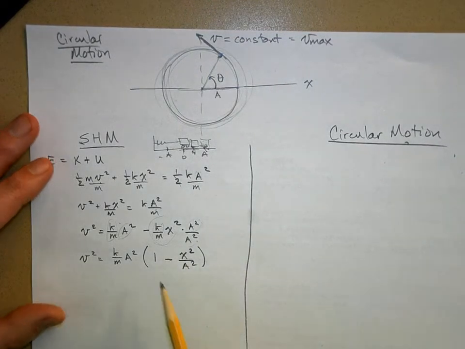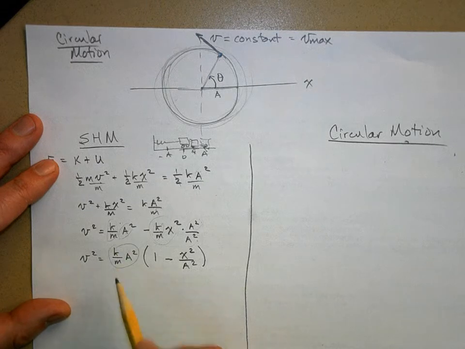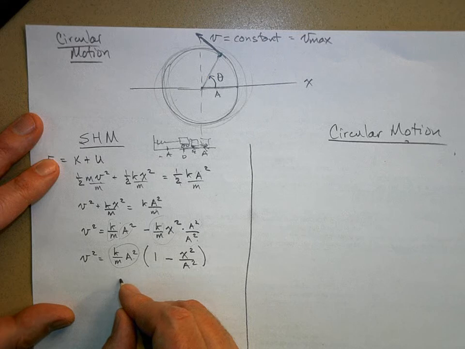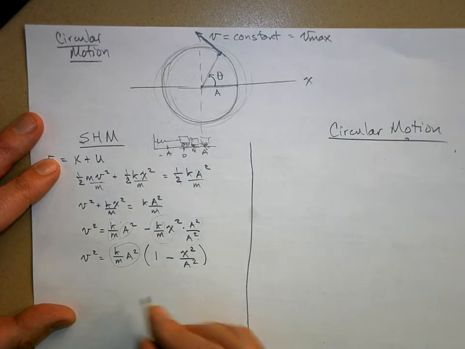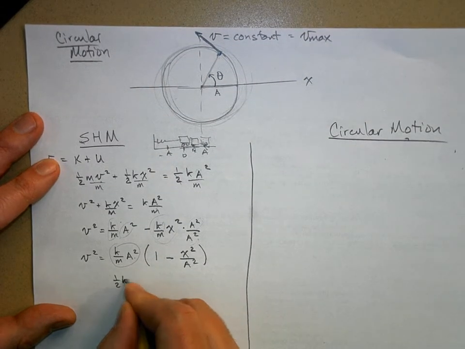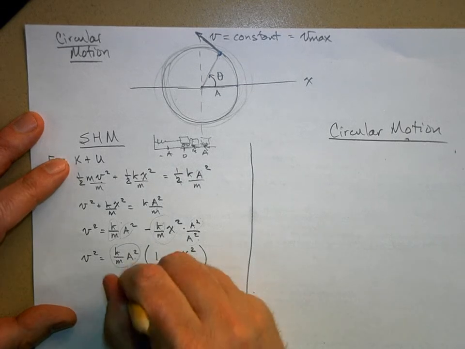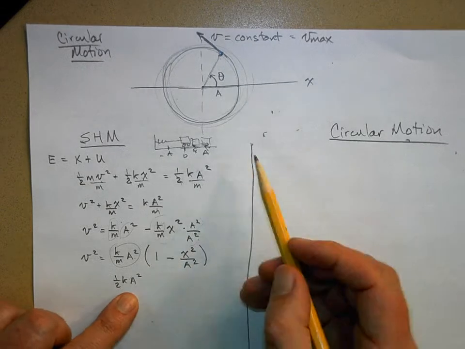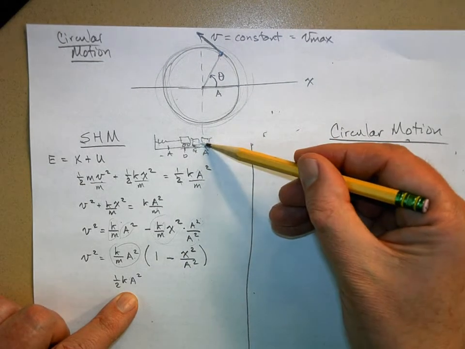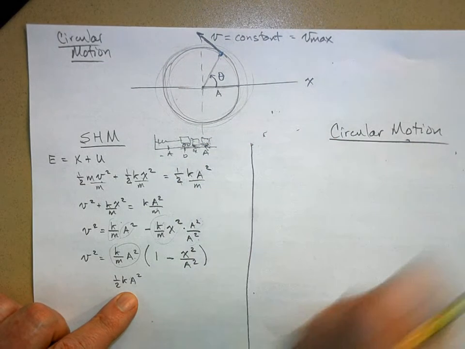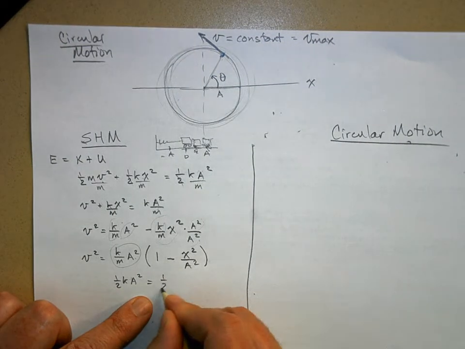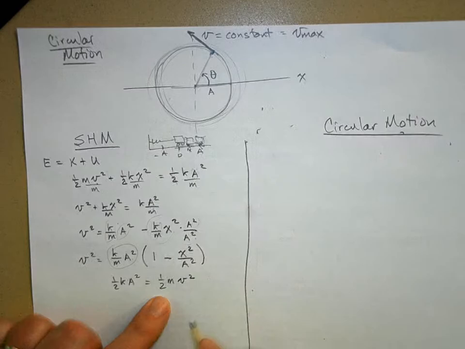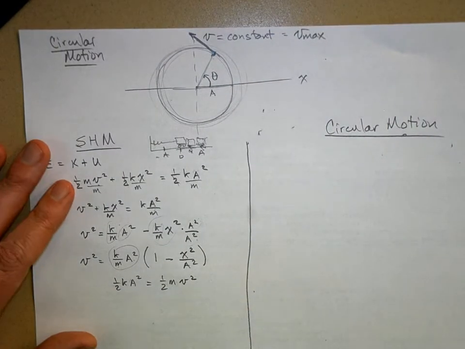Now, look at this right here. This k over m times a squared. Remember this, that the maximum potential energy is 1/2 k a squared. That's our maximum potential energy when I'm out here at either this extreme or this extreme. That has to be equal to the kinetic energy when we're in the very center, 1/2 m v squared, and this is v max.